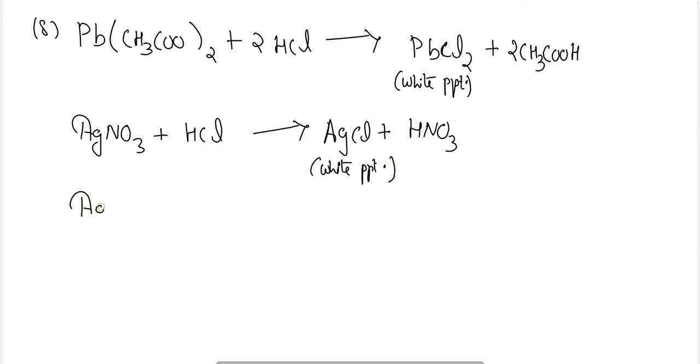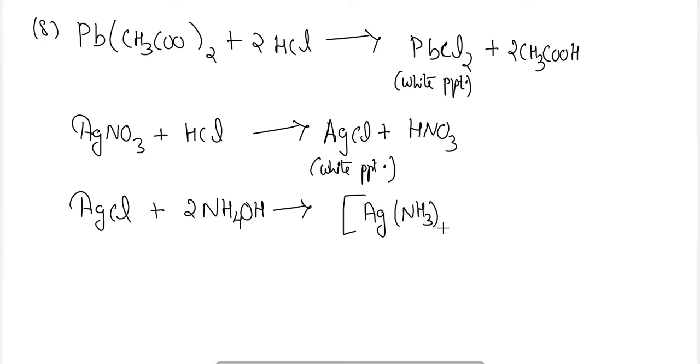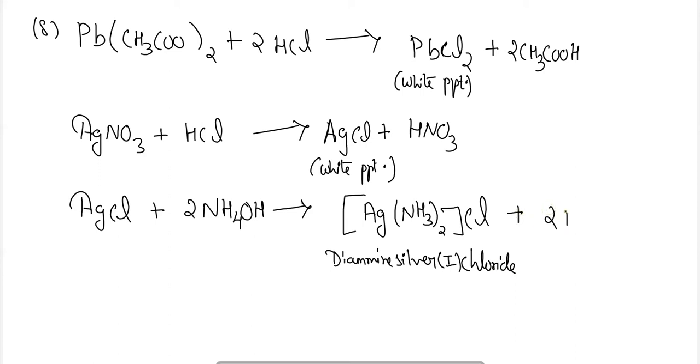Then further, when this silver chloride is reacted with ammonium hydroxide, it produces diamine silver(I) chloride, and water will be released.